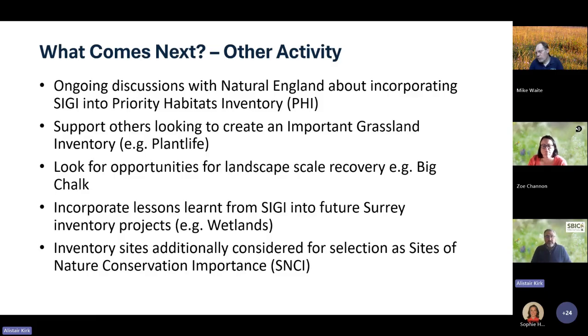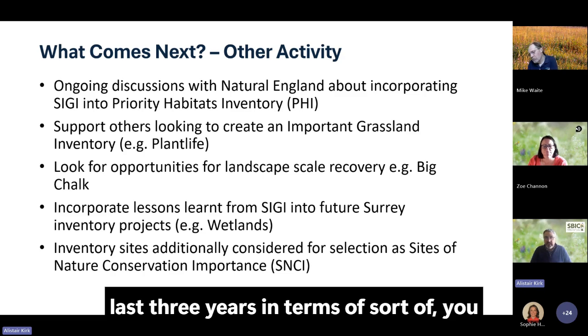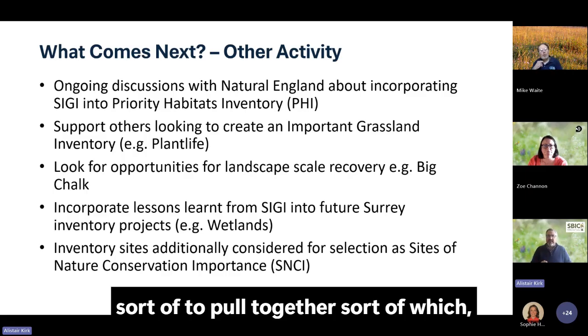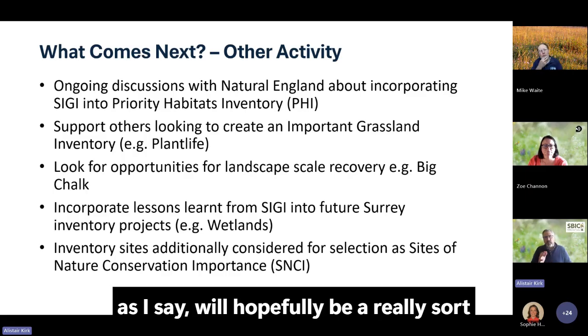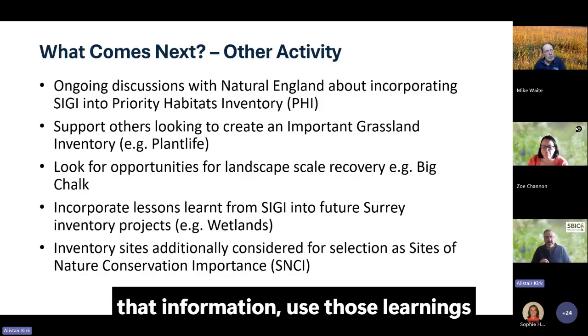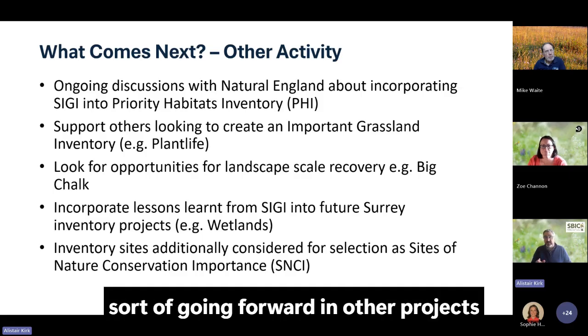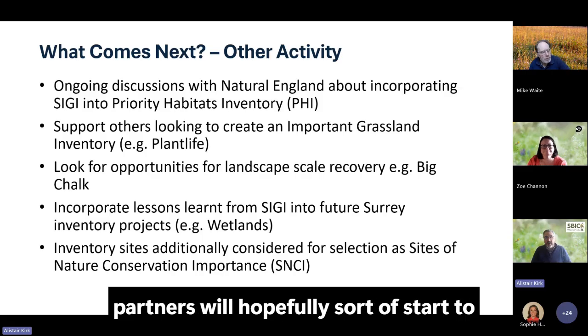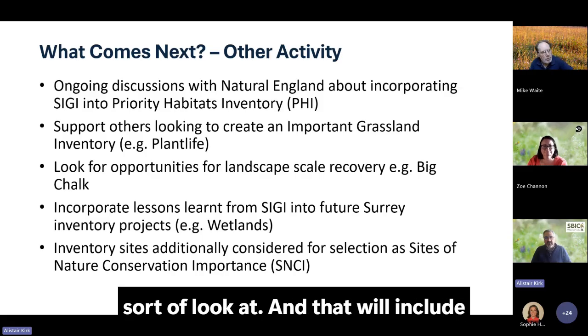We've also learned a lot over the last 3 years in terms of the how-to of pulling together what will hopefully be a really key data set. And we want to use those learnings going forward in other projects that the Wildlife Trust, the Biodiversity Information Centre and other partners will hopefully start to look at.